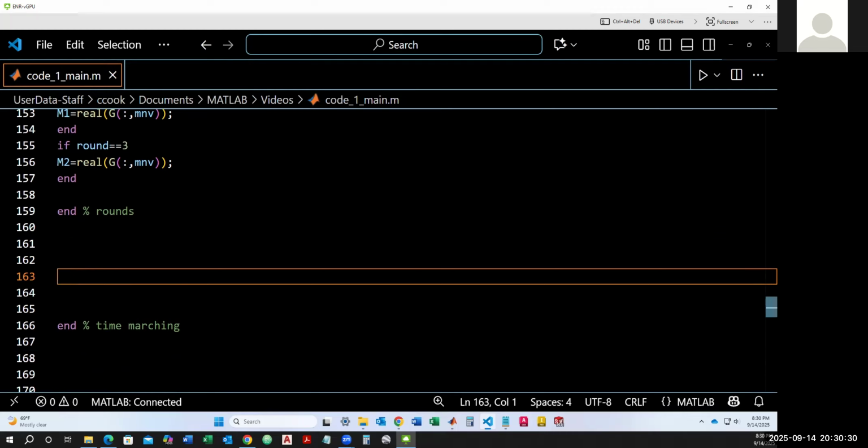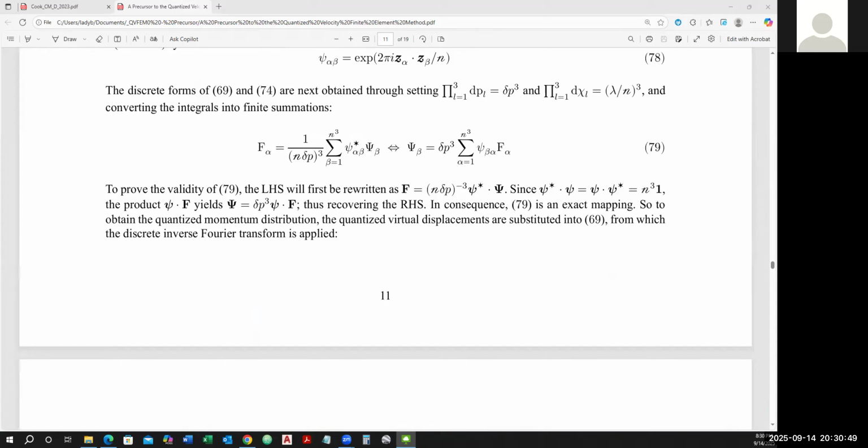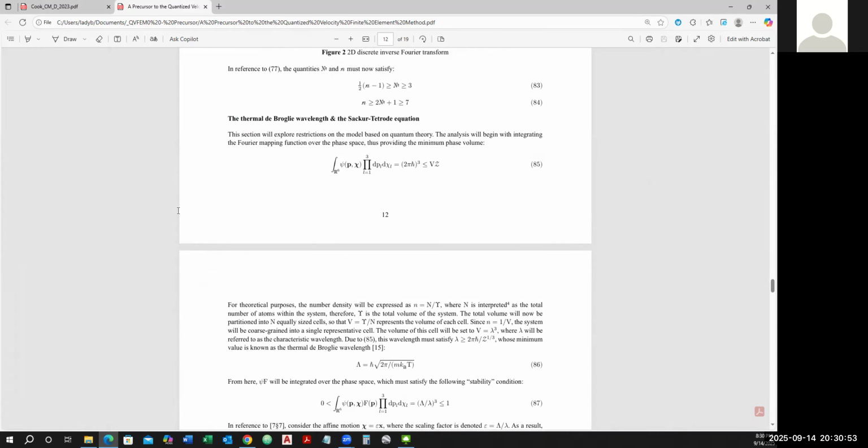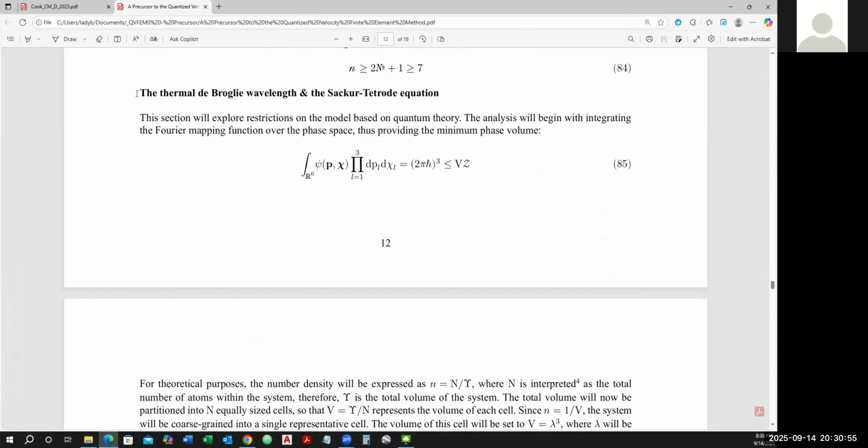But with the precursor, that was an appropriate space to investigate some of the quantum mechanical aspects of the Fourier transform. Is it just math, or is there really something to it? If you go through here, you go into the section on the thermal de Broglie wavelength and the Sackur-Tetrode equation.